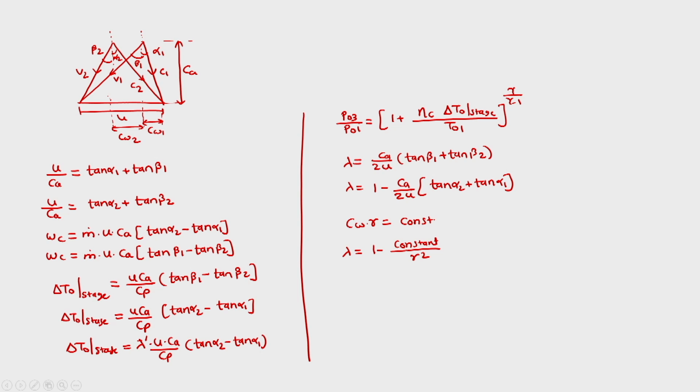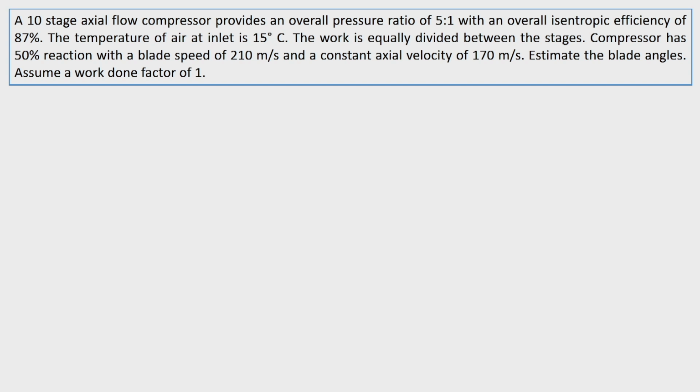So, these are the salient features which we learnt from the topic of axial compressor. So, let us go ahead with the example. The example reads that a 10-stage axial flow compressor provides an overall pressure ratio of 5:1 with an overall isentropic efficiency of 87%.